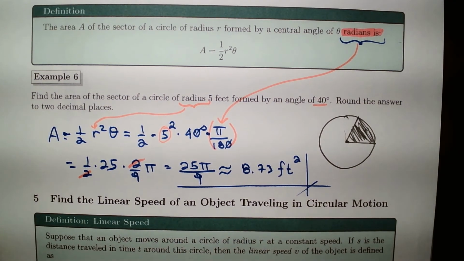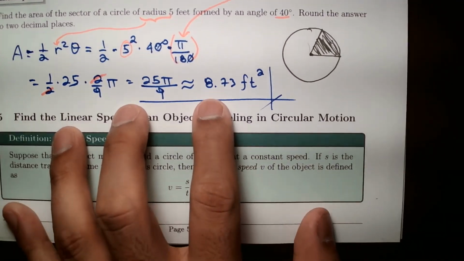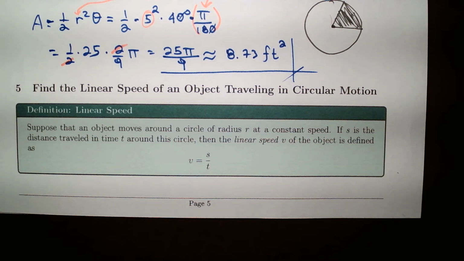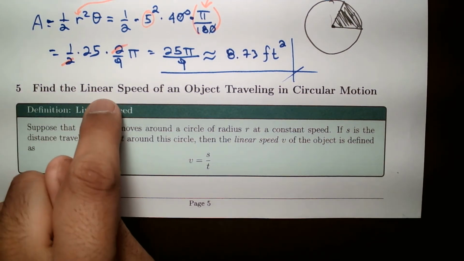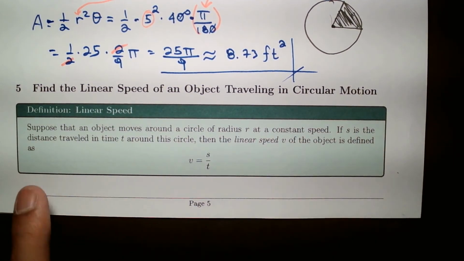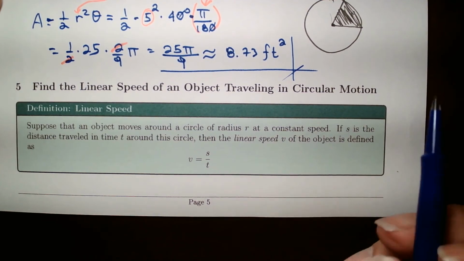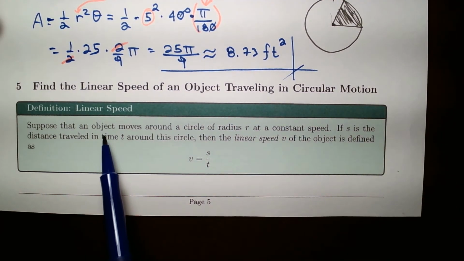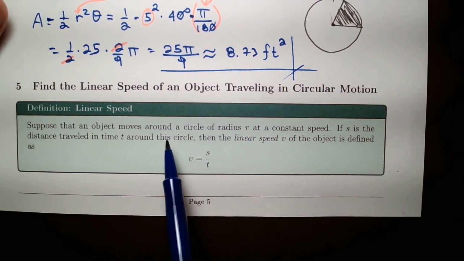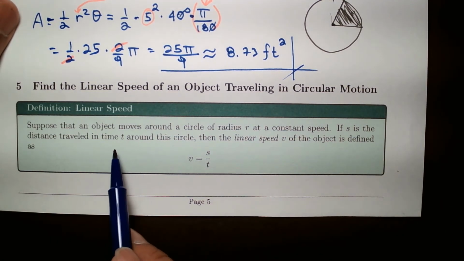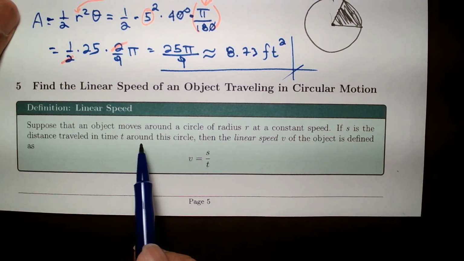Another very common topic to discuss when we first introduce trigonometry is a little bit of circular motion. So find and relate the linear speed to that of a circular speed. Well, what we know from basic science is that when an object moves around a circle at a constant speed, s is the distance traveled, and t is the time.